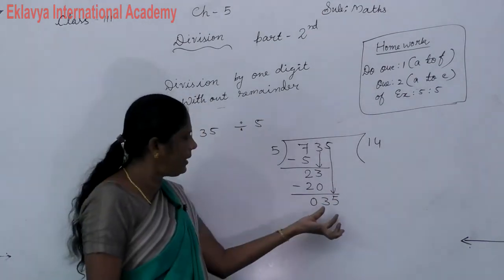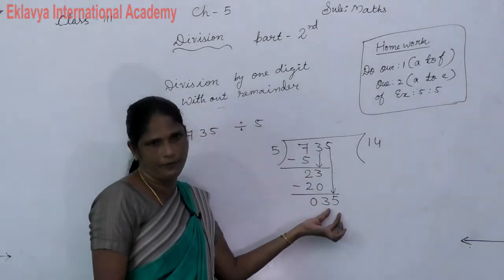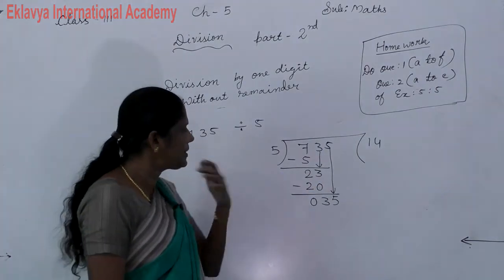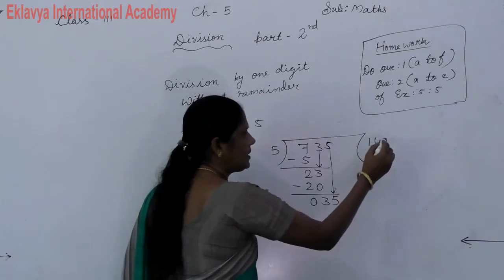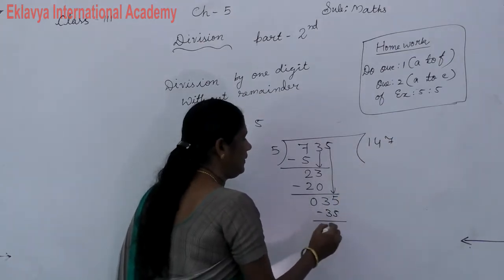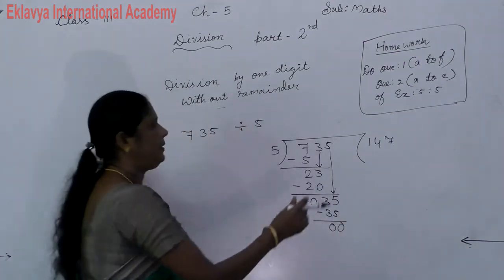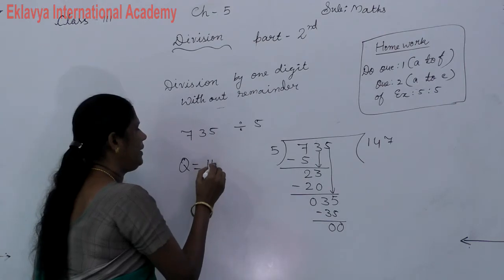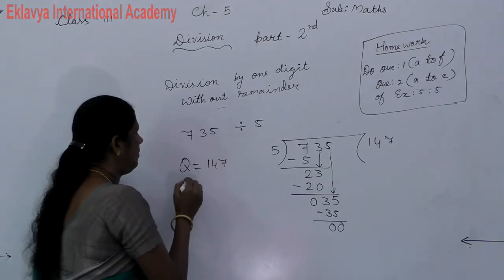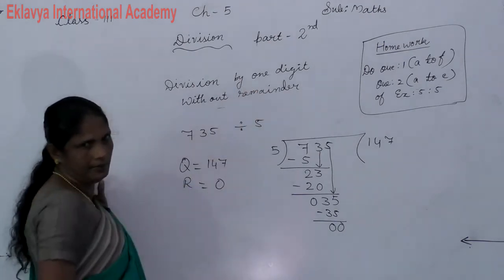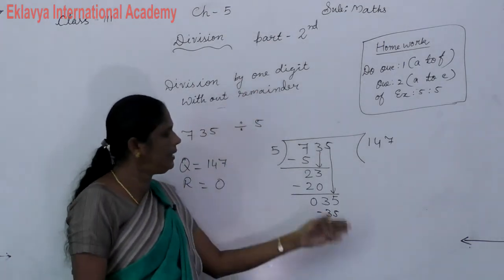Now our number is 35. Then the table of 5, how many times come? 7 times. Then 35. This answer, quotient is 147. Remainder is 0. Without a remainder.